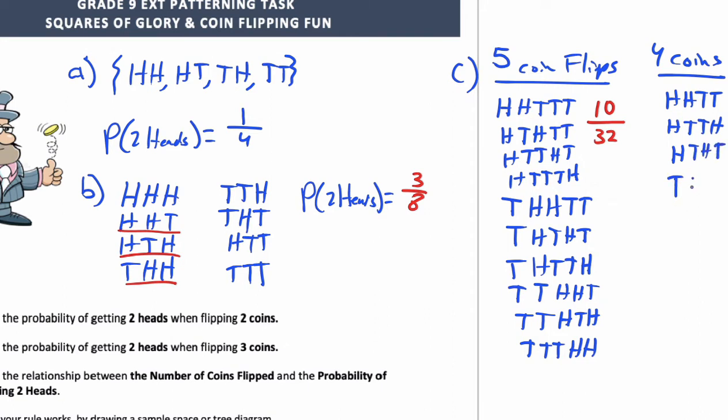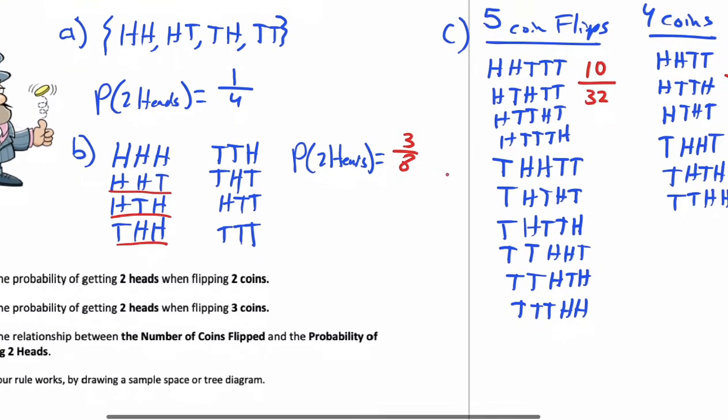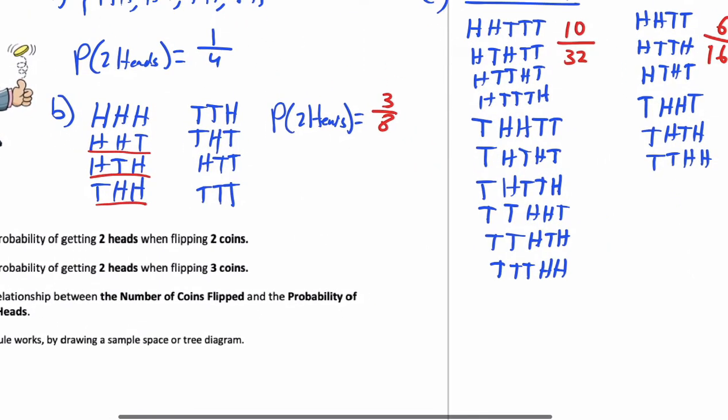Then we start with tails: tails, heads, heads, tails; tails, heads, tails, heads; or tails, tails, heads, heads. So this is 6. So the probability is 6 over 16.